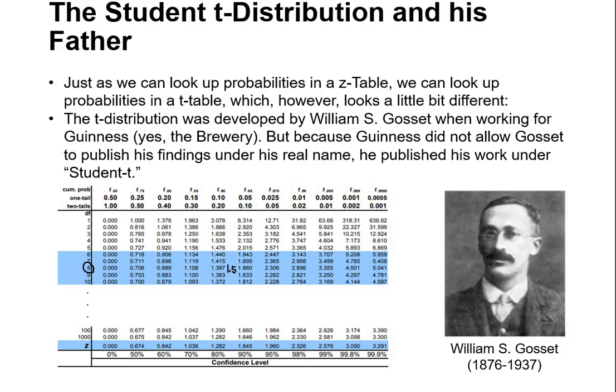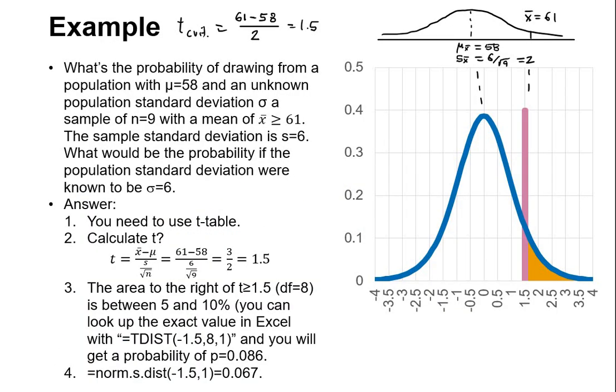But now we can see that for 1.5 with 8 degrees of freedom, the t-table only tells us that in the tail to the right, we have between 10 and 5% probability mass. Of course, that's not very satisfying if we have only a range of 5% and we know it's somewhere in the middle. So that's why it's better to use Excel.